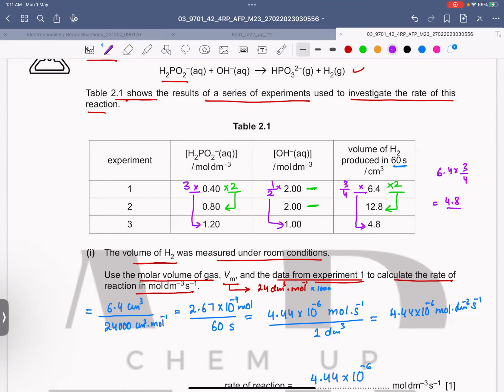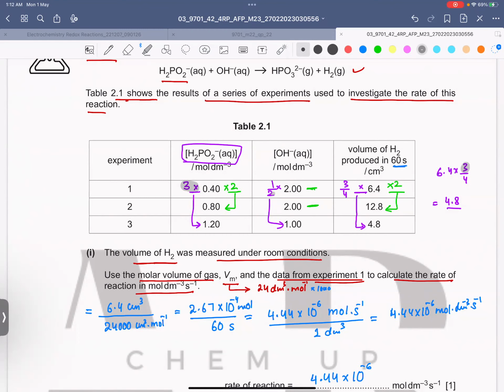Yes. Okay. Now see, we know the order with respect to H2O2, and what is the order with respect to H2O2? Yes, 1. First order, right? So I am observing that the concentration increase is by 3 times, and due to this increase, the rate is also increased by 3 times.